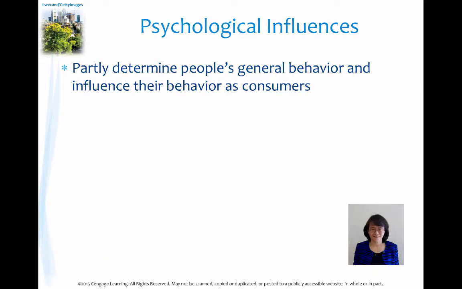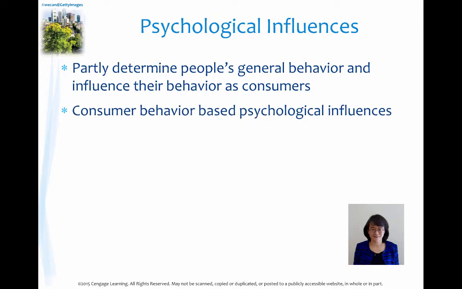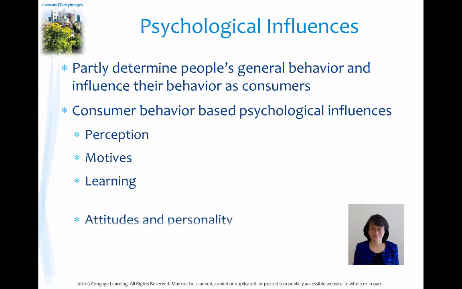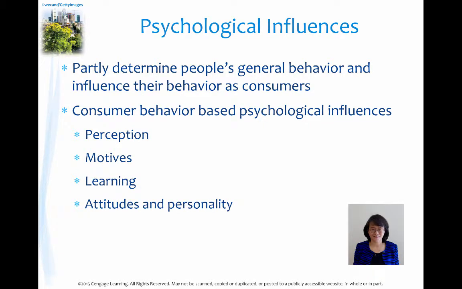Psychological influences partly determine people's general behavior, thus influencing their behavior as consumers. The primary psychological influences on consumer behavior are perception, motives, learning, attitudes and personality, self-concept, and lifestyles.